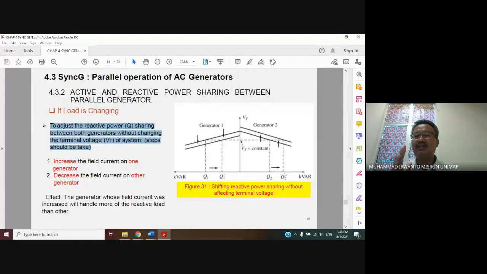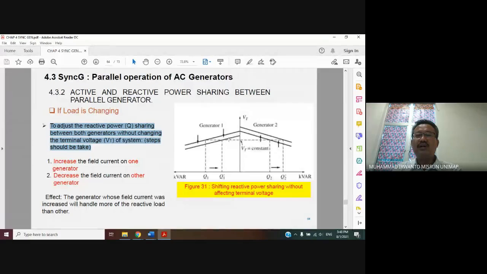So the reactive power of generator 2 increases, and we want to keep the terminal voltage at one constant value, for example 13 kV.